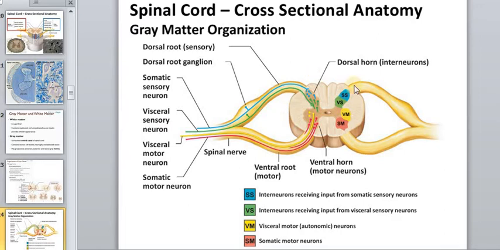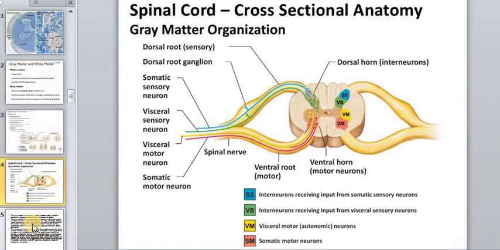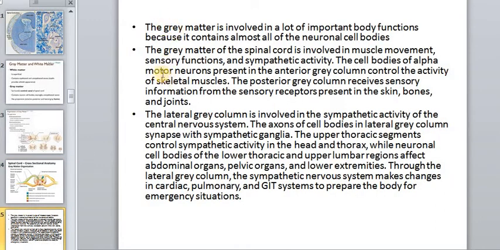There you see all these horns and the neurons of these parts. Here we see the different colors: visceral motor, somatic motor, interneurons, somatic sensory and visceral sensory too, the autonomic nervous system. And here we can see all about the gray matter, and we'll discuss it later.